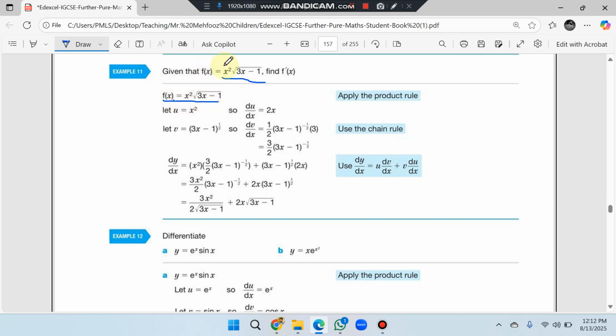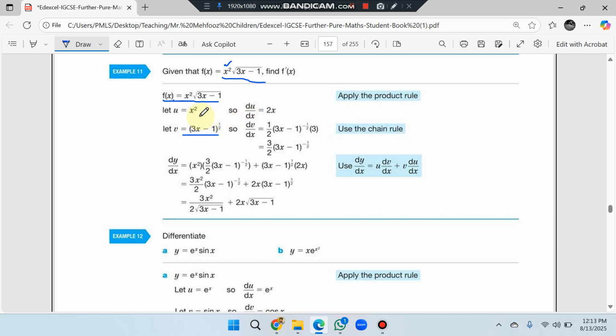So what is u? The first term is u, that is x square. What is v? The second term is v, that is square root of 3x minus 1. Square root can be written as power 1 over 2. Again, we use both the derivatives.